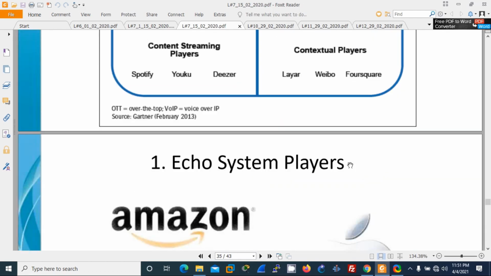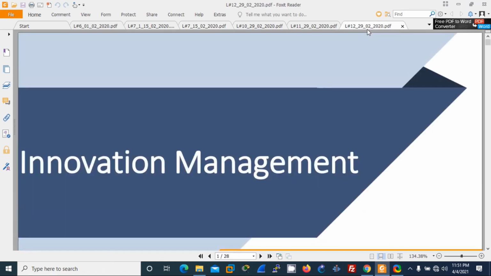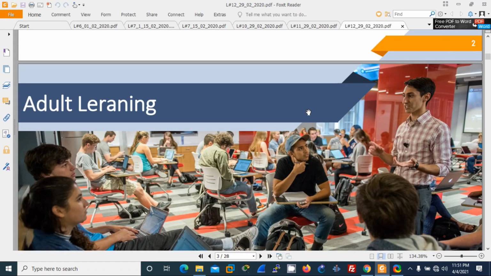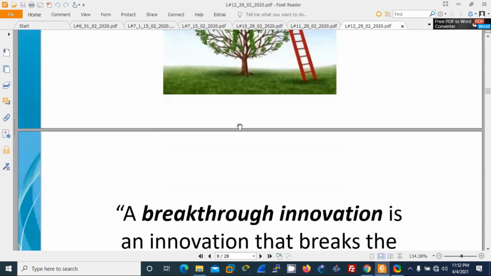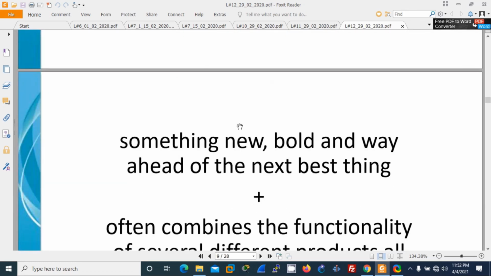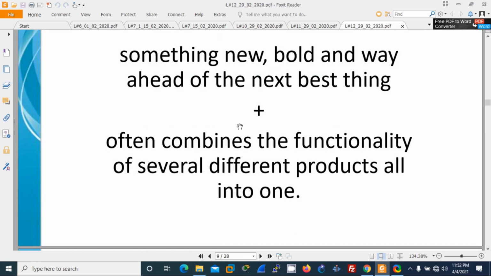With that, we can move on to another important area, which is breakthrough innovations. Breakthrough innovation is all about changing the existing rules of the game in order to come up with a bold and very novel product or service.